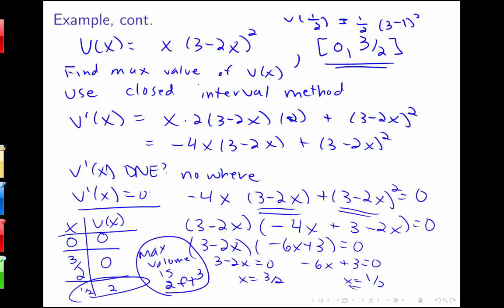This is our final answer to the question, and we were able to justify that the maximum occurs at 2 using this closed interval method, since 2 is certainly bigger than 0. Clearly the absolute maximum is occurring when x is 1/2, and that gives us a maximum volume of 2 cubic feet.